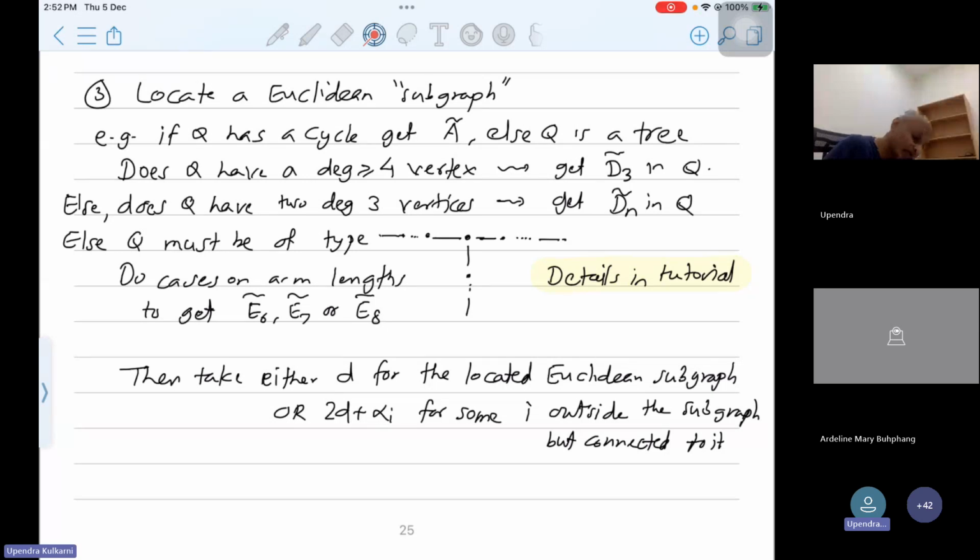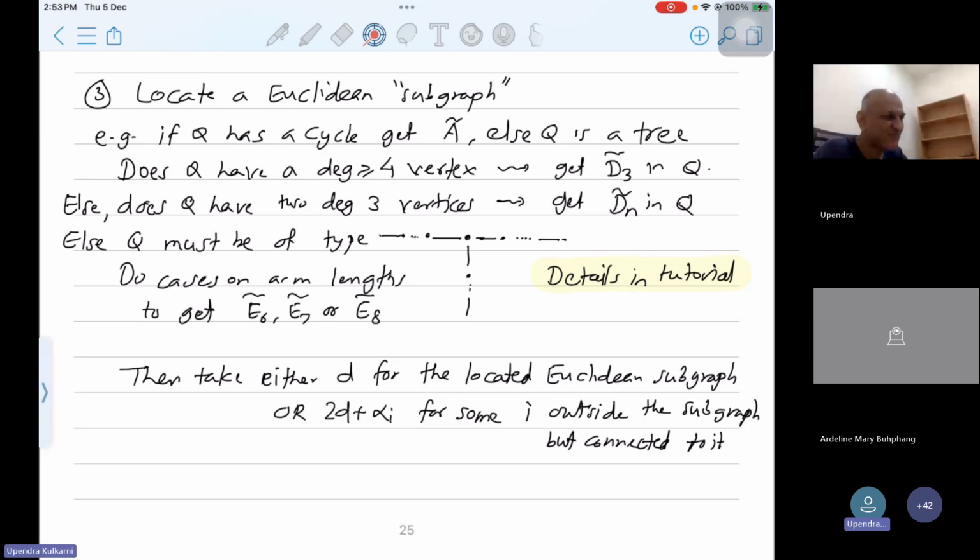That there are some extra vertices themselves. If that is the case, I simply take the located Euclidean subgraph, and I just take the same vector D. But remember, the extra vertices that I have, I'm just going to put zeros on that. Just the fact that there are connections from this Euclidean subgraph to those extra things means that there will be extra n_i's coming in, you see, in the formula.